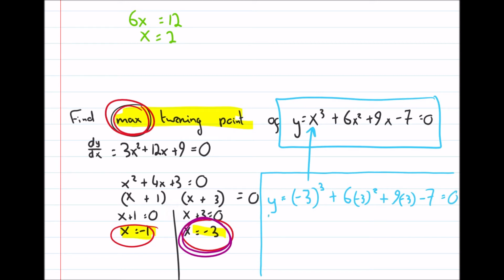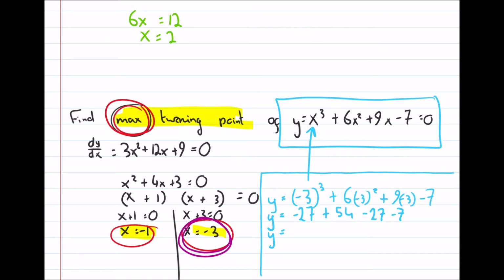That will give us y equals minus 27 plus, well, we have 3 squared is 9 multiplied by 6, which is 54, minus 27 minus 7.